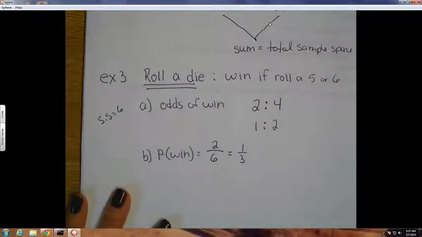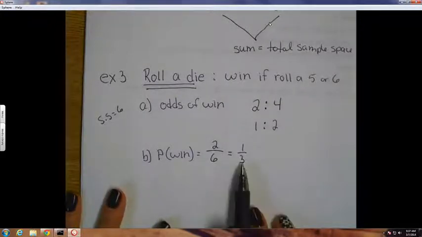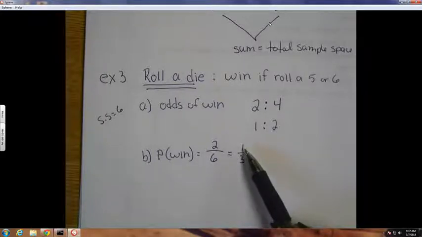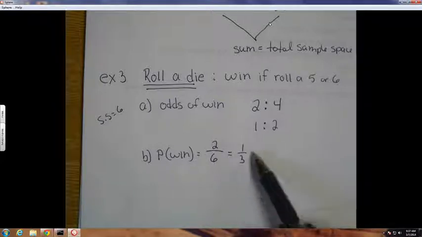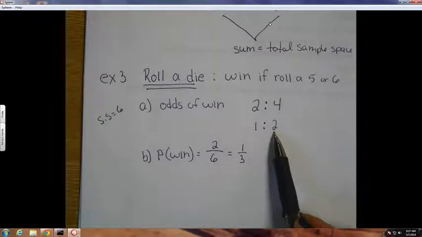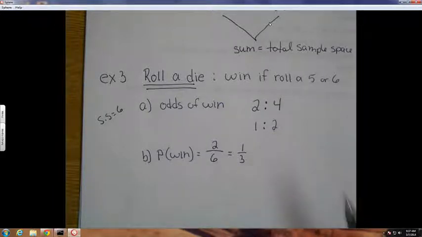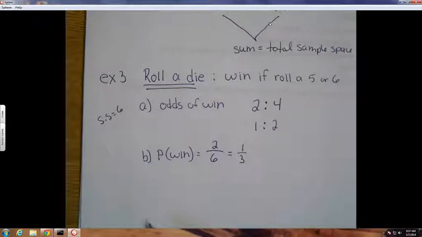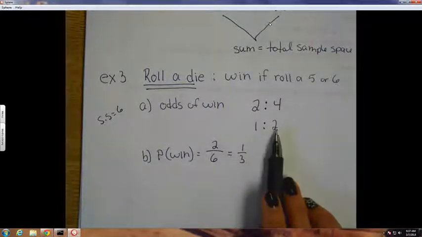So when I get this probability, what a probability means is if I play this game lots and lots of times, I should win every 1 of 3 times I play. So I win once and lose twice. This looks like I should win half the time. That's why they go with odds. It looks better. But smart people that we are, oh no, that's a 1 in 3 chance, not a 1 in 2 chance. This says win once, lose twice, for a total of 3 games.